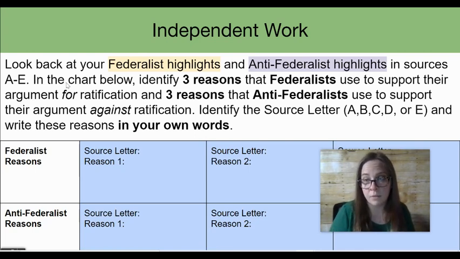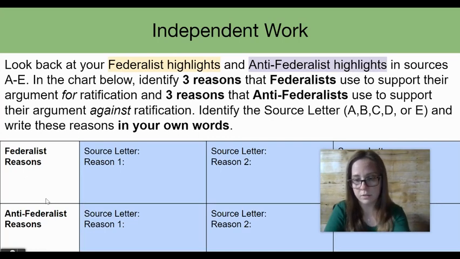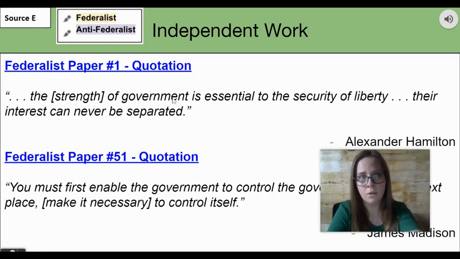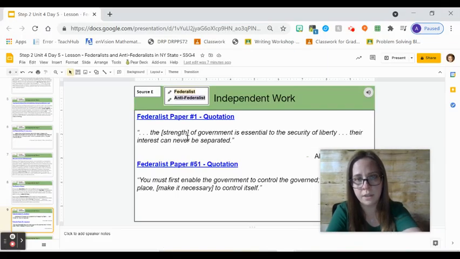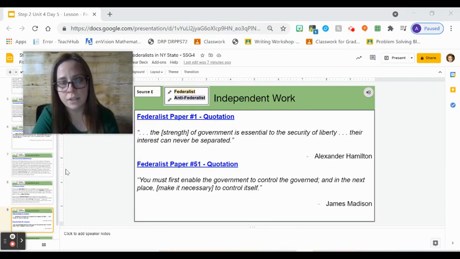Let's go back to Hamilton, and we're going to do this together. Let's read and find the important information for the source. So going back, we're in source E, and we're going to look at it together. The strength of government is essential to the security of liberty.